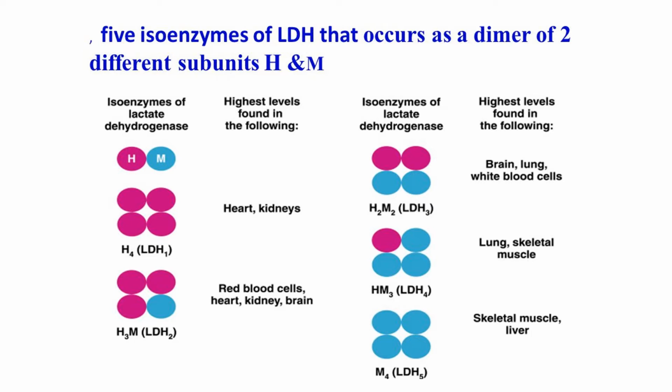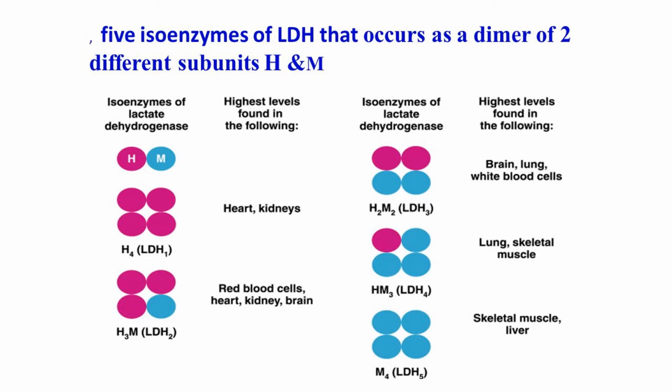If you see, lactate dehydrogenase 1 is comprised of all 4 H type subunits, and mainly it is present in the heart and the kidneys. Then lactate dehydrogenase 2 is comprised of 3 H and 1 M subunit.